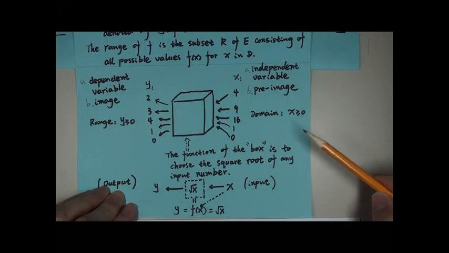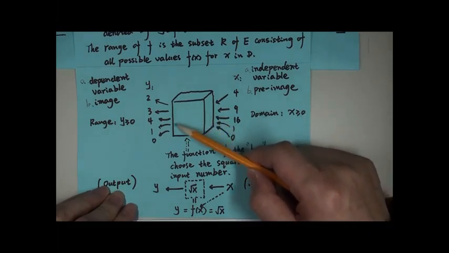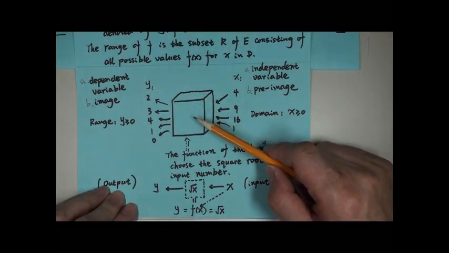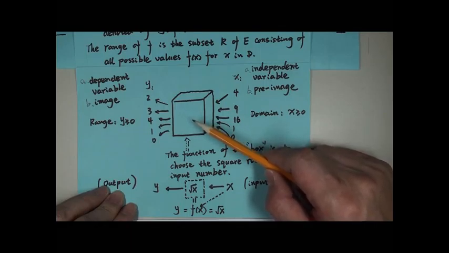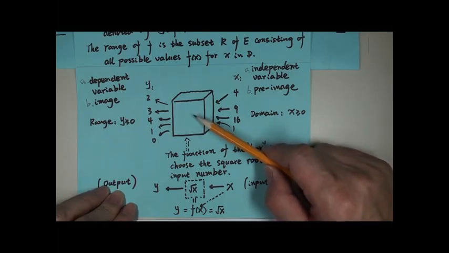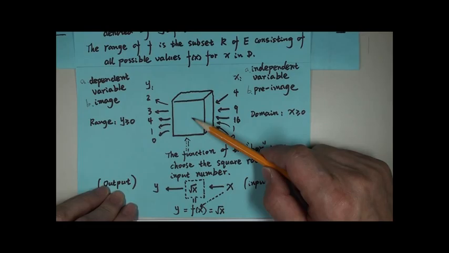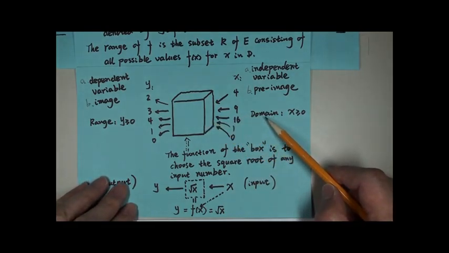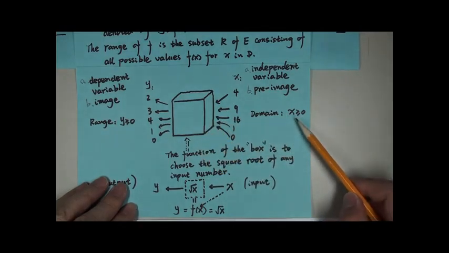What kind of values can you input? Since this function is choosing the square root, if you put a negative number inside, it's not going to process it. So the possible values you put in must be any value greater than or equal to 0.